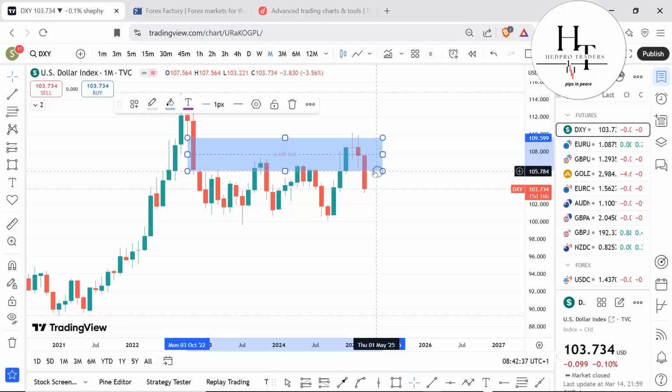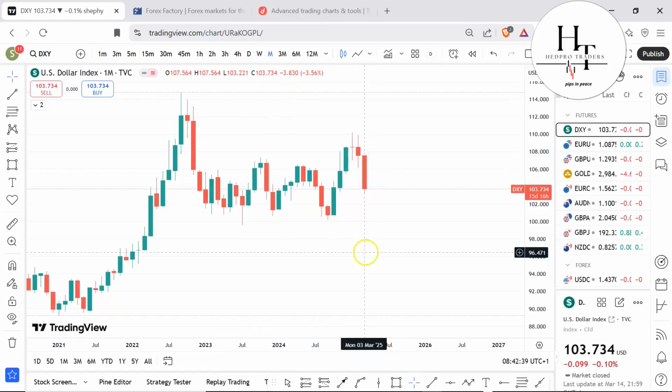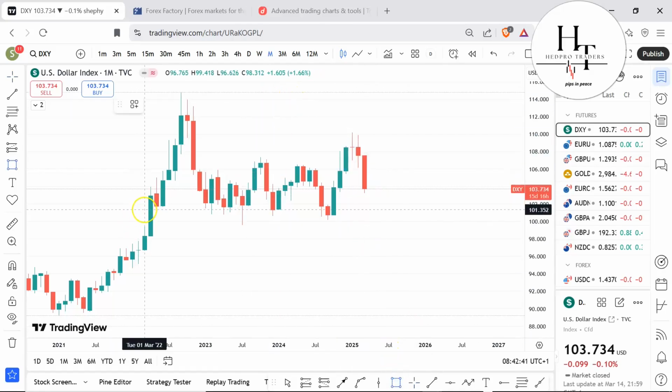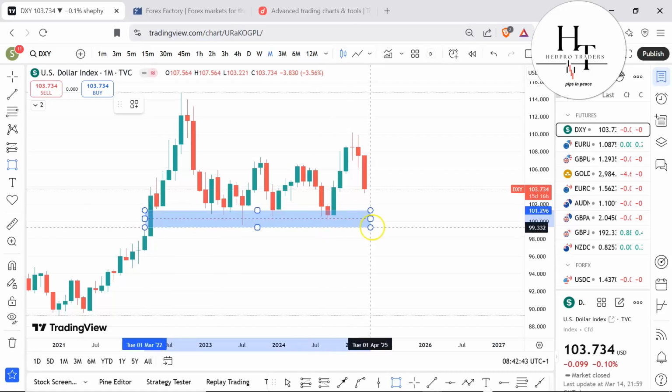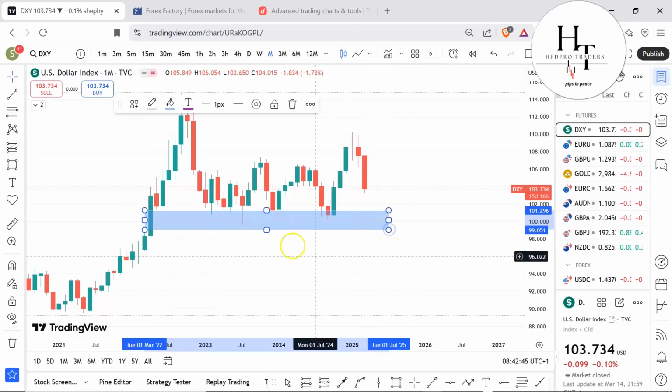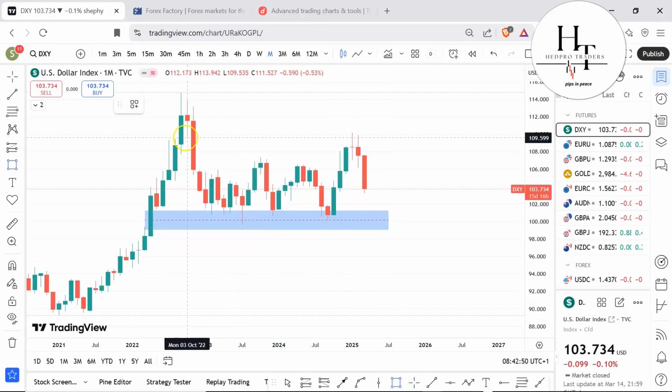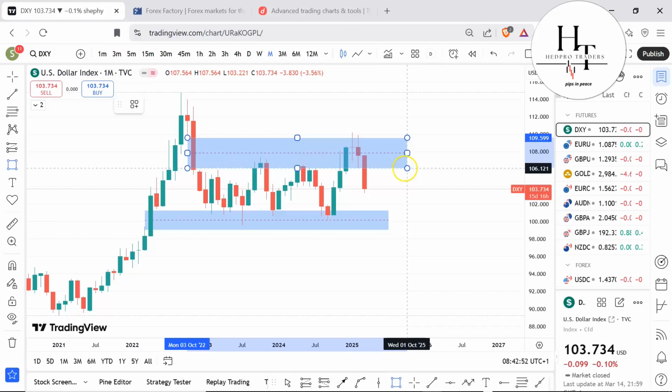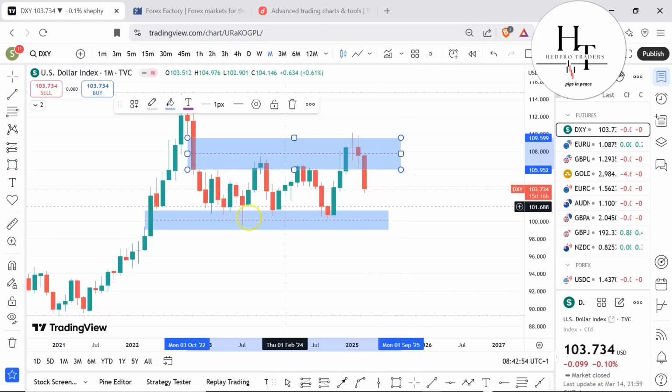So if you look downwards again, you'll see another fair value gap here. This fair value gap has acted as support for price, and this one has been acting as resistance. So over time you can see that price has been bouncing around these zones on the monthly.